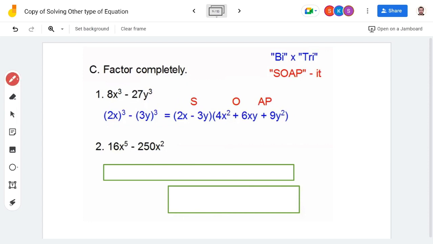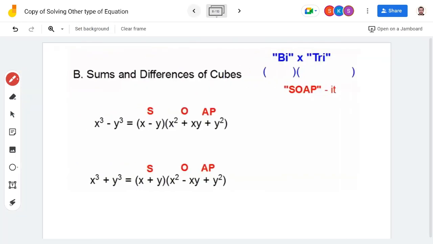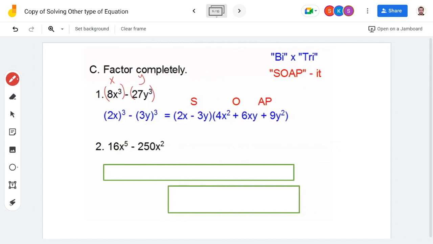So this one is x and this one is y, to the power of 3. So just use the cubic root. The cubic root of 8 is 2, which is 2x to the power of 3. The cubic root of 27 is 3. So now use same sign, opposite sign, always positive.